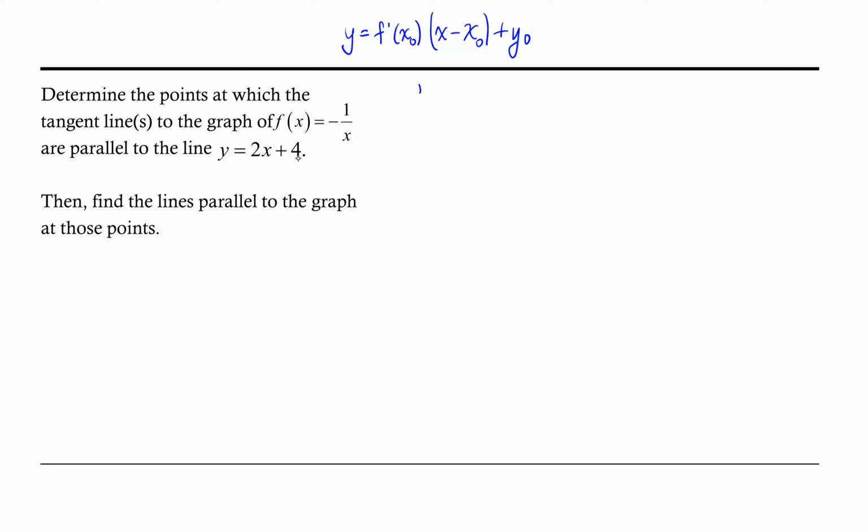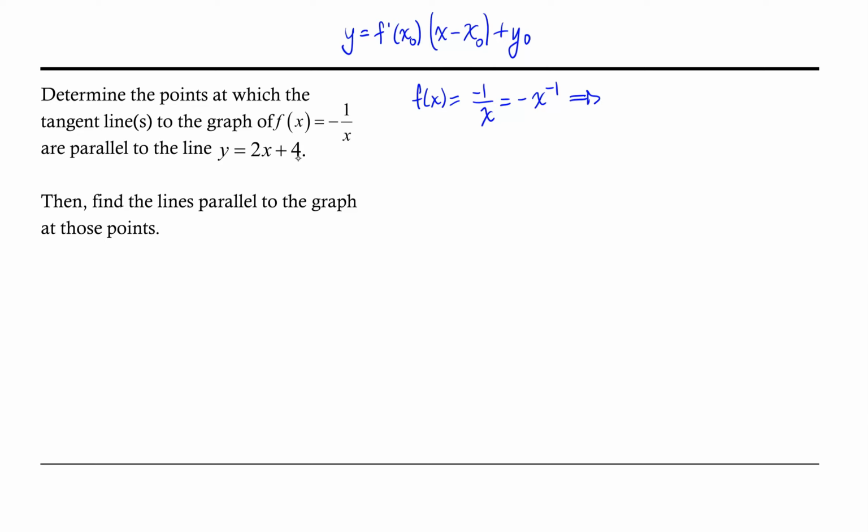So the function that we're given is f of x equals -1 over x, which I can rewrite as negative x to the -1 power. And in this form, I can then use the power rule to find its derivative.